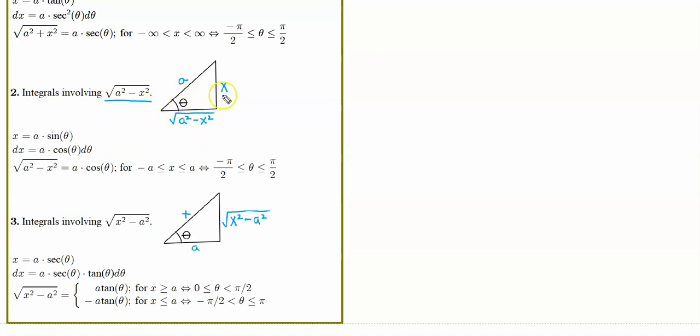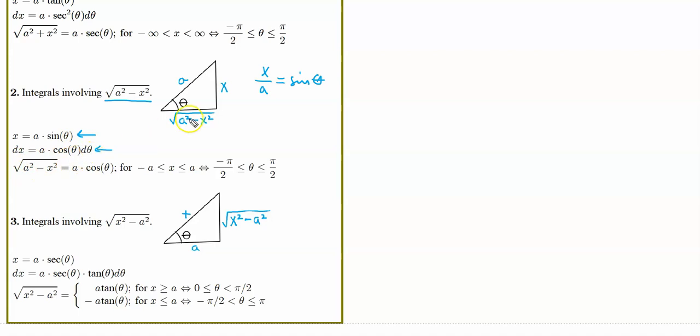And so what we get then is, considering this, we have that x over a is the sine of theta. So x is going to be a sine theta. Dx will then be a cosine theta d theta, right, when we differentiate this.